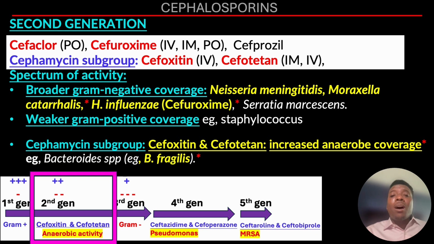There's a subgroup of these second generations known as the cephamycin subgroup, and the 2 antibiotics that are very important in this subgroup are cefoxitin and cefotetan because they have increased anaerobic coverage. If you get a question asking for a cephalosporin that has great anaerobic coverage, look for these 2 antibiotics, cefoxitin and cefotetan.